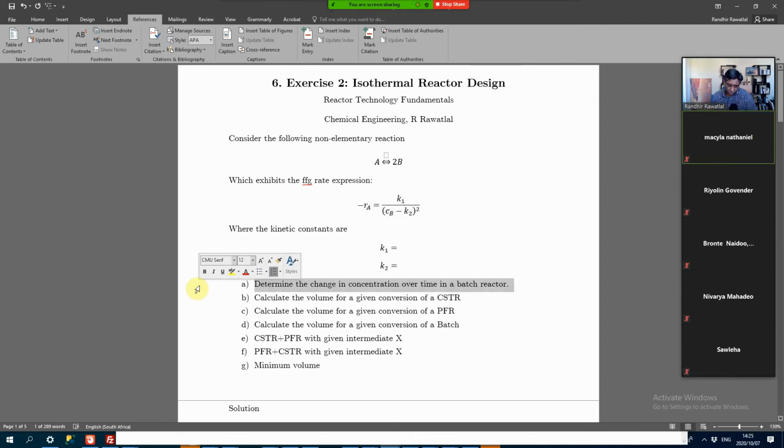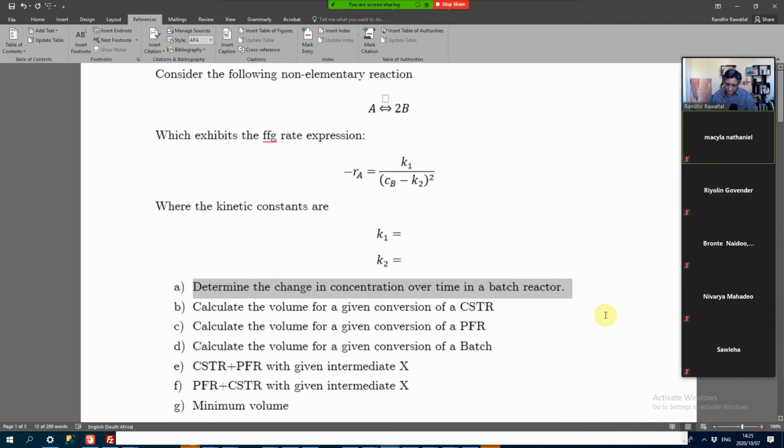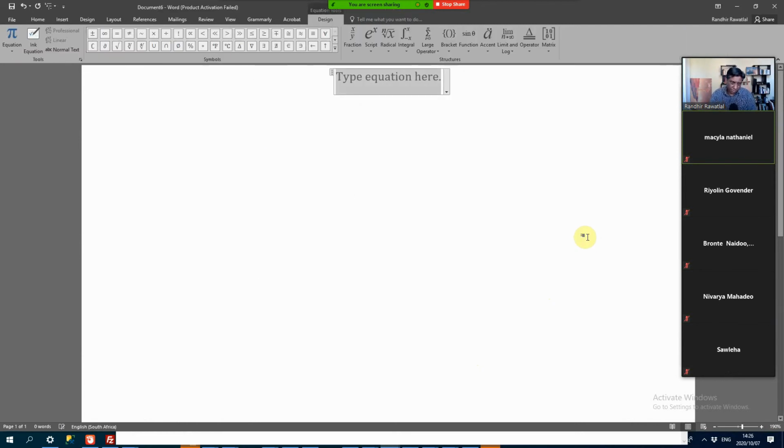And we want to know, number one, it's always useful to do this exercise where you consider how concentration will change in the batch reactor. And remember, your batch reactor looks like this. So in terms of its balance, it looks like this.